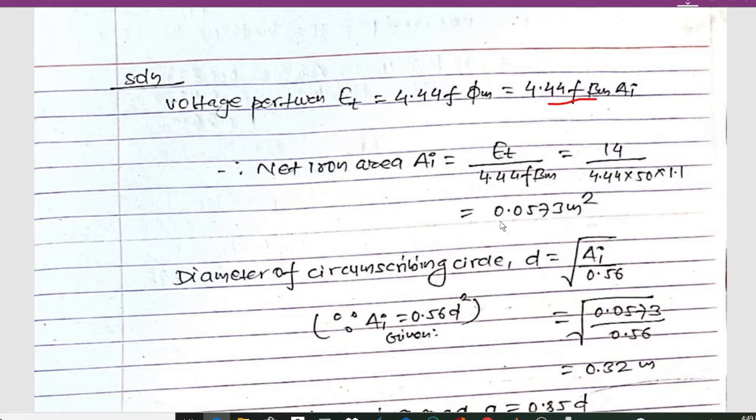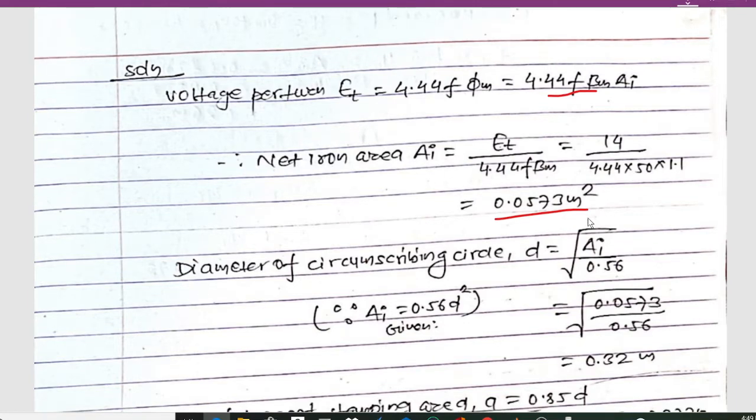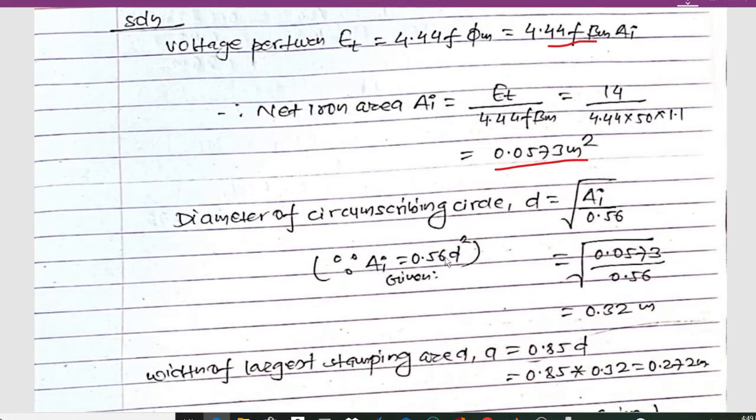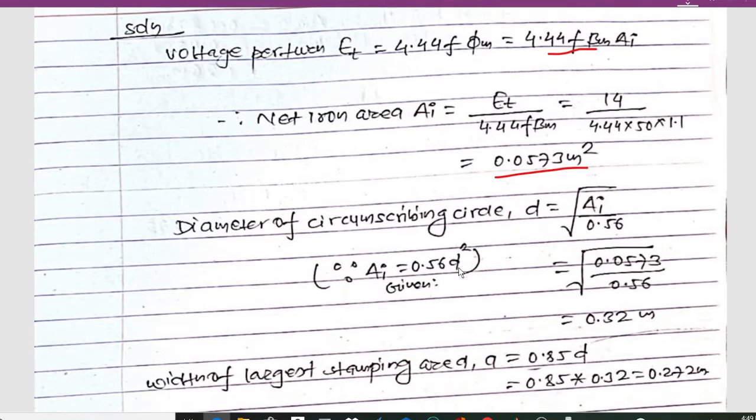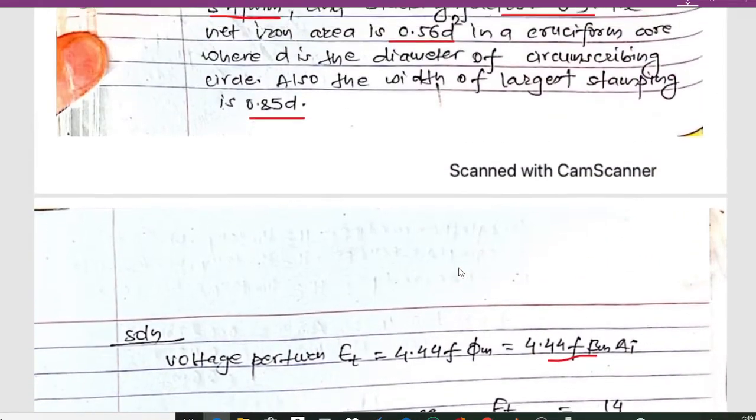So on solving we will get the value of net iron area as 0.0573 meter squares. Also, Ai is equal to 0.56 d squared. This condition is also given in the question.